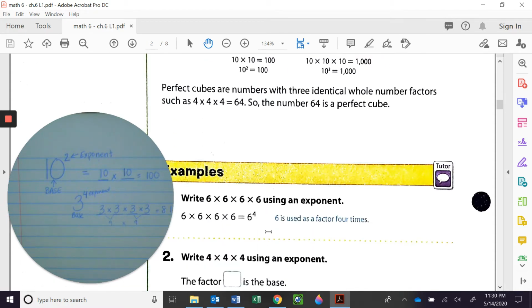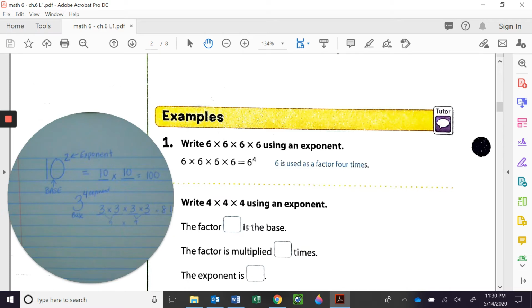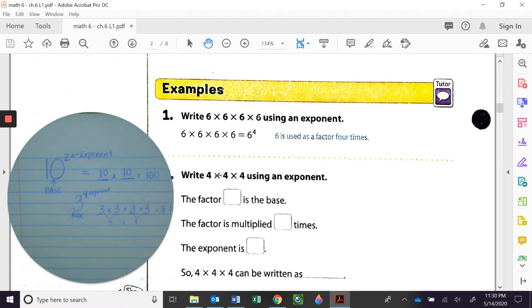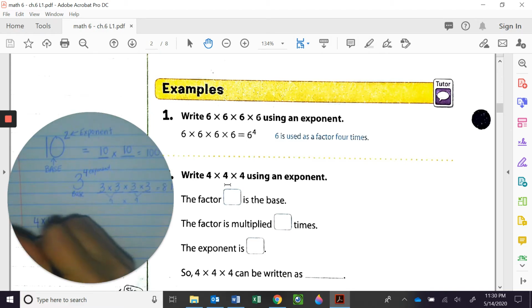You can see they've shown us a couple of examples, taking something that's broken down, which we call expanded form, and putting it into exponent form by using an exponent. There are 4 6s, so 6 to the fourth power. If you look here, the base would be 4 because that's the number being repeated. So 4 times 4 times 4, we call this expanded form.